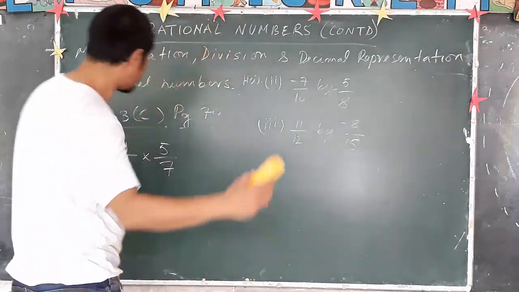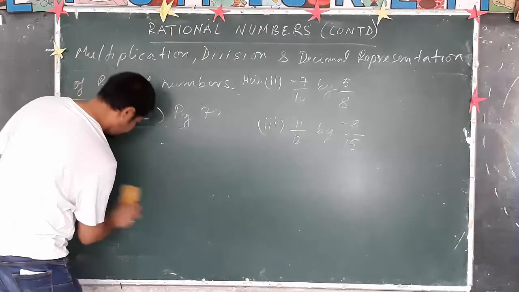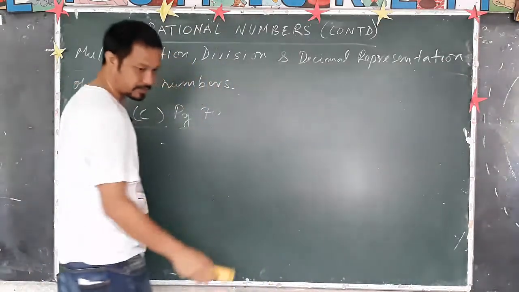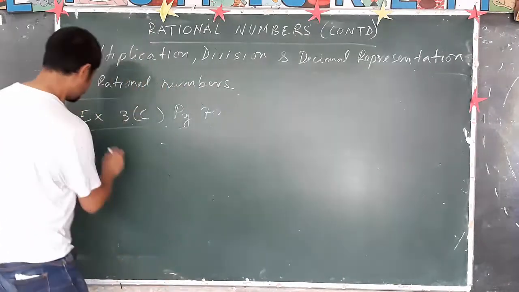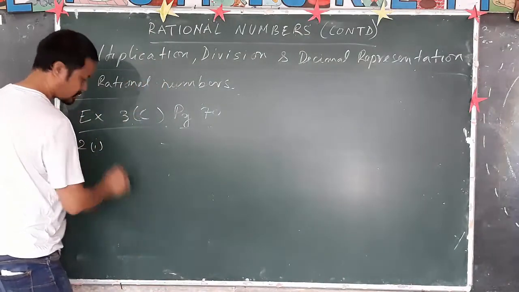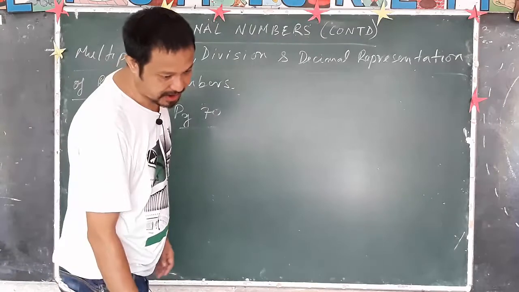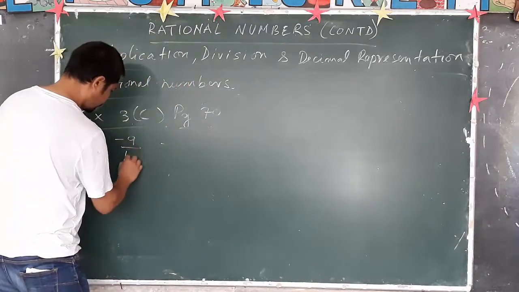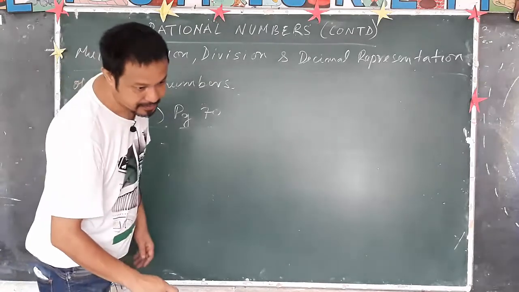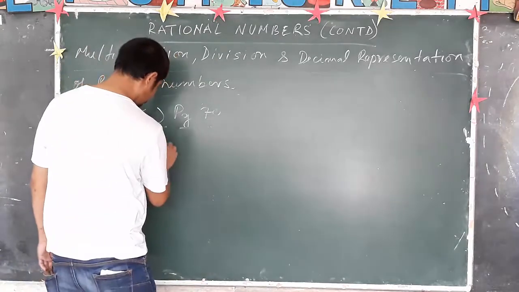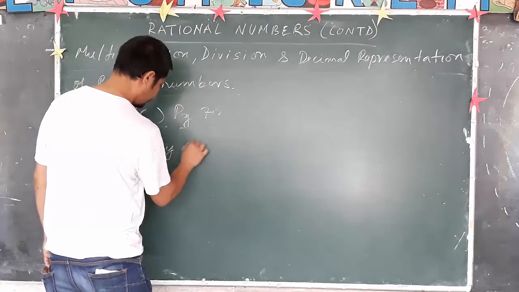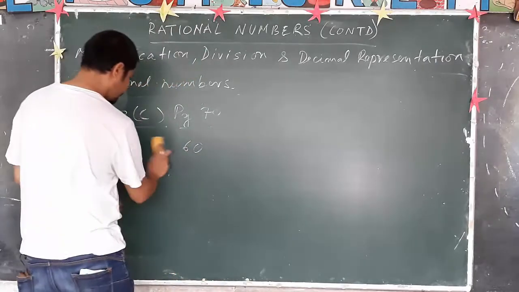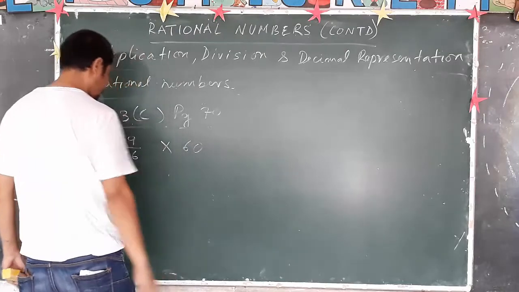Now we move on to number 2. Number 2, 1. I think the question states multiply again minus 9 upon 16 by 60. Okay, so by means multiply, so by 60 means multiplication.